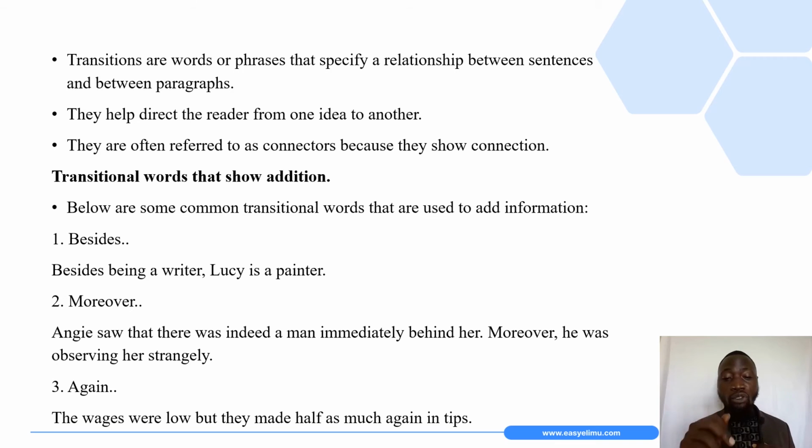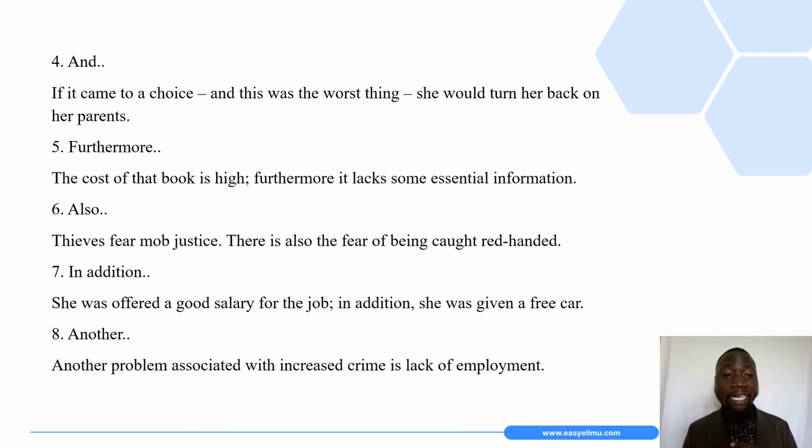Now, if we use "again" to join the two ideas, and this is why we call them connectors, we have one complete sentence that reads: the wages were low, but they made half as much again in tips. So "again" also has been used to give additional information.